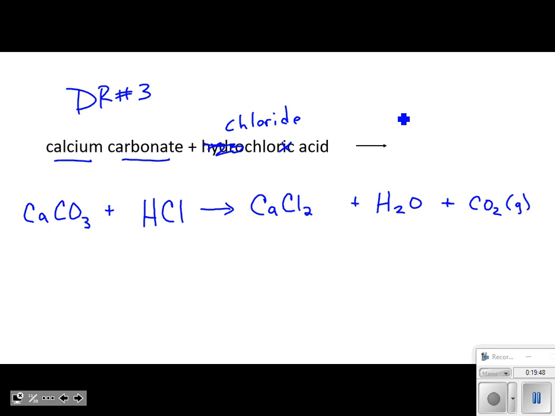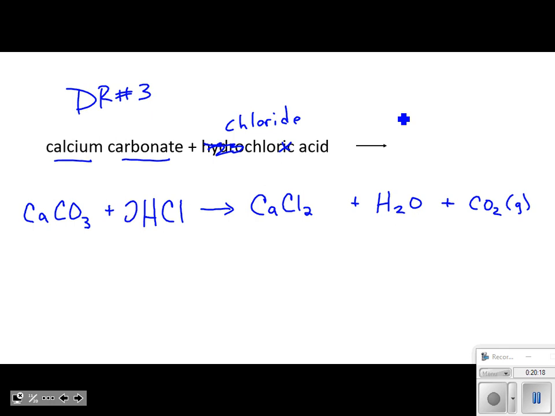I could put gas in here like there. Okay, water's a liquid probably. It doesn't tell me, but I don't really need to put those things on these, only the double replacement number ones. Now, is this balanced? It is not, because I can see that I have different amounts of chlorines.